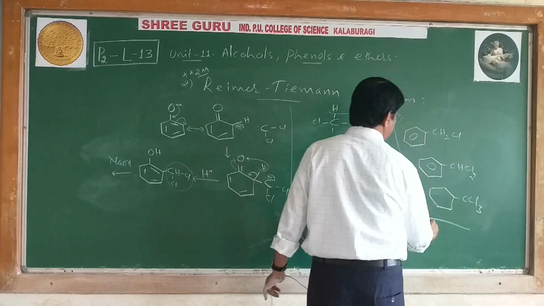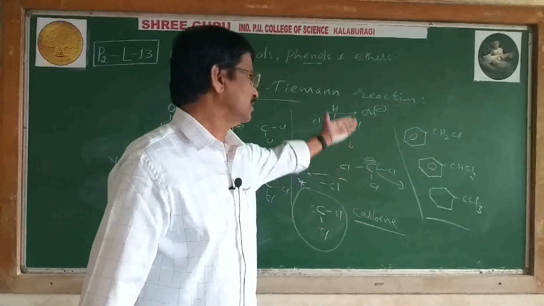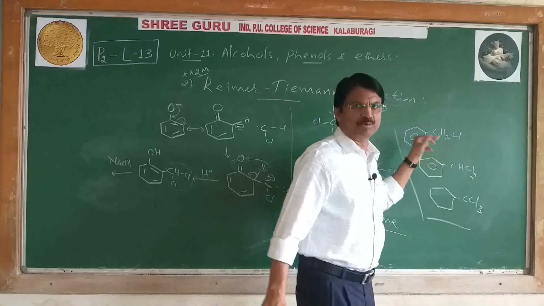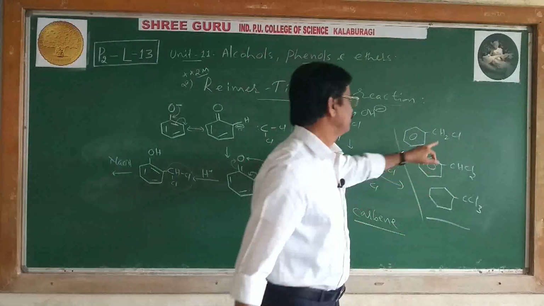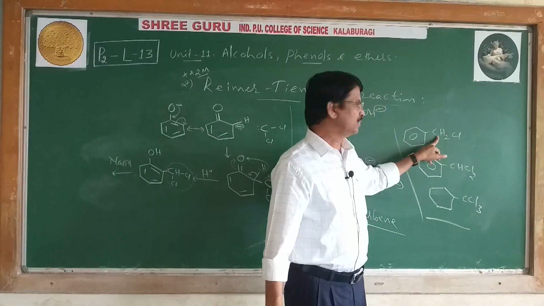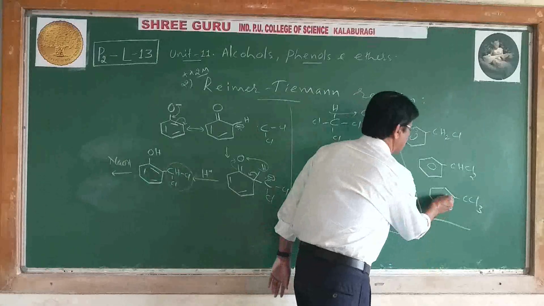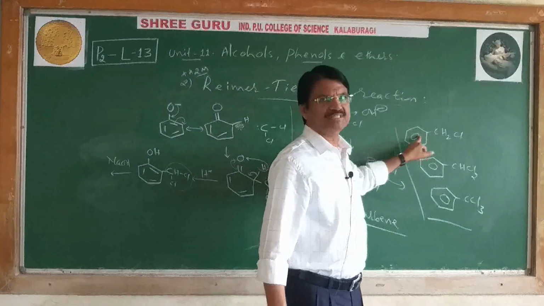Yes, these three compounds you studied in hydrocarbons in the first year syllabus, that is toluene. Toluene plus chlorine, in boiling or in presence of light, side chain substitution occurs to give what? Monochloro derivative, dichloro derivative and trichloro derivative. The first compound is named benzyl chloride.